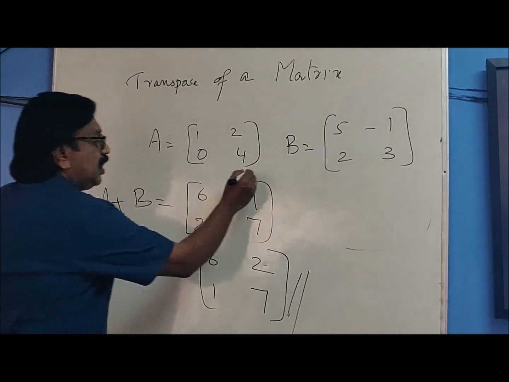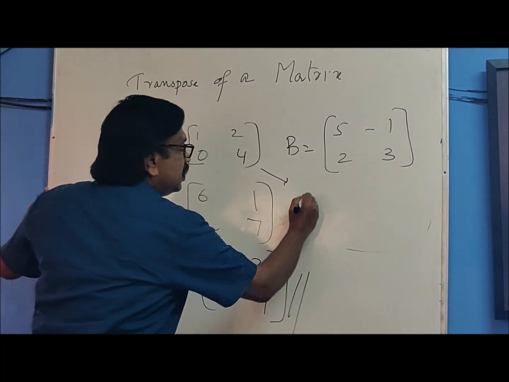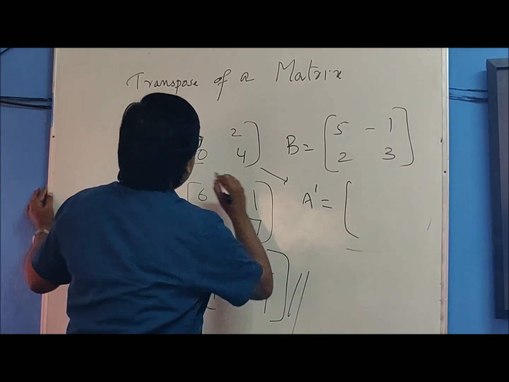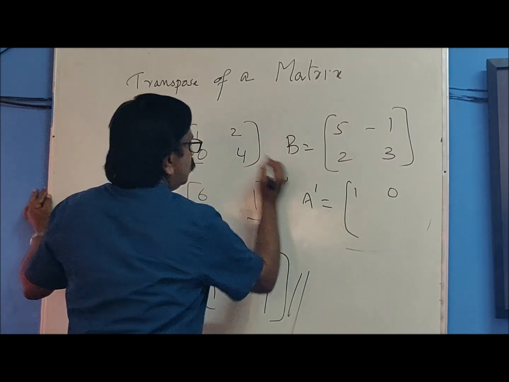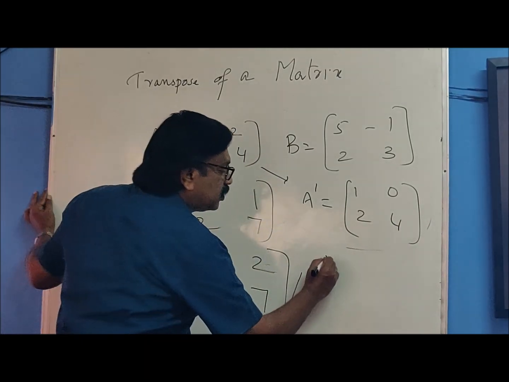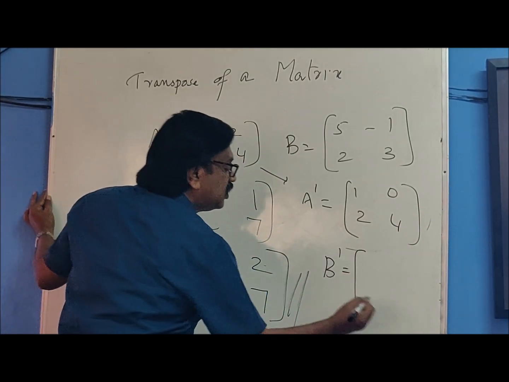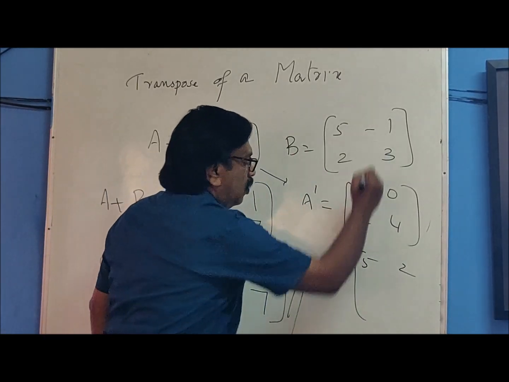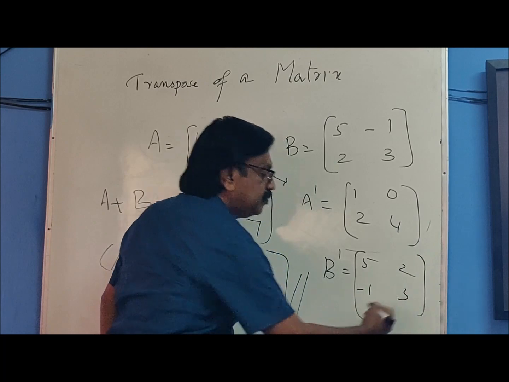Now, what is A transpose? If you interchange, you get 1, 0, 2, 4. That is A transpose. What is B transpose? Interchanging the rows and columns, it will be 5, 2, minus 1, 3.